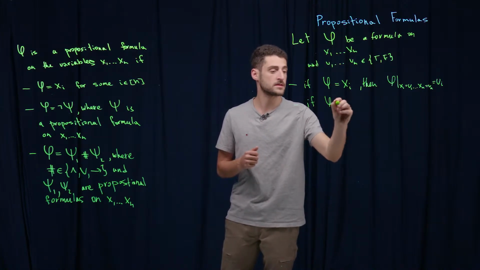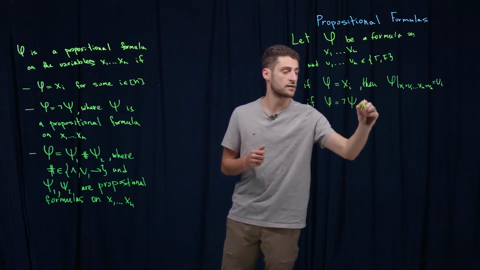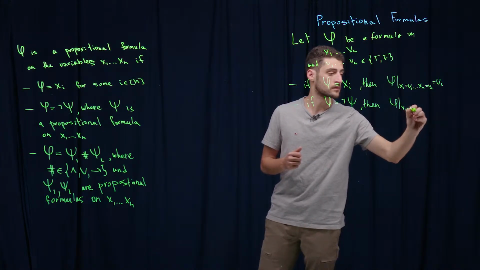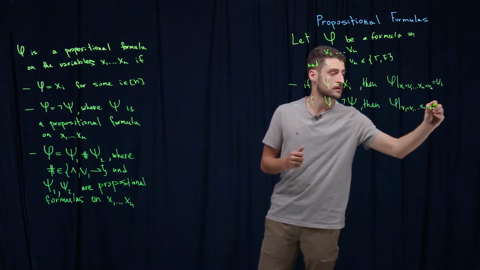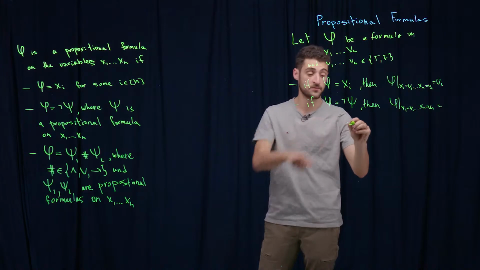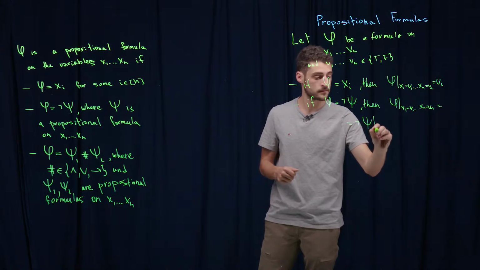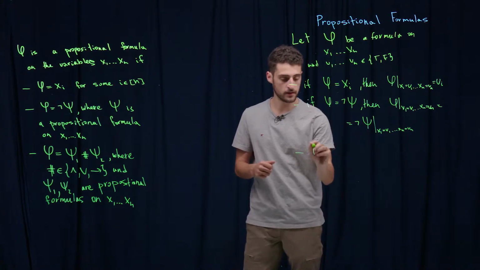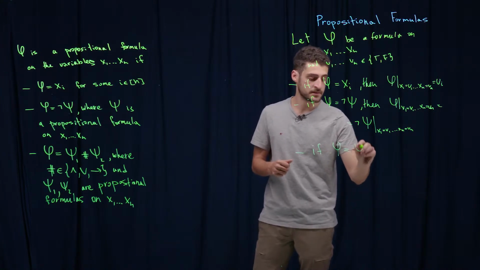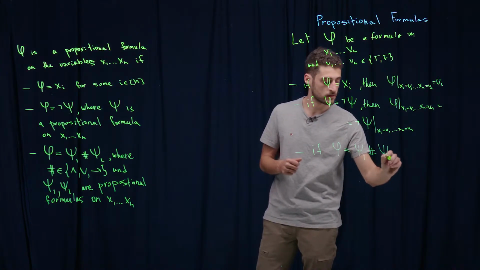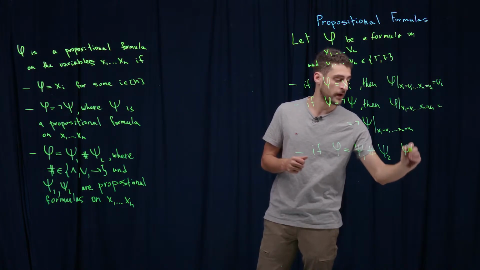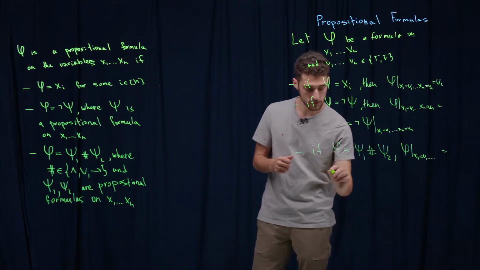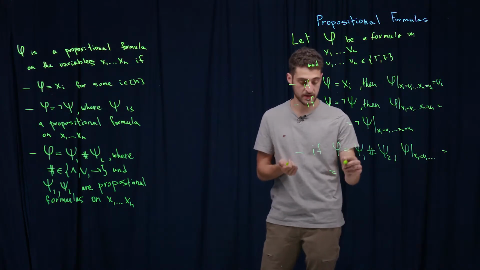If phi is equal to negation of psi, then the value of phi is equal to the negation of the value of psi. Finally, if phi is psi1 sharp psi2, then the value of phi is equal to sharp of the values of psi1 and psi2.